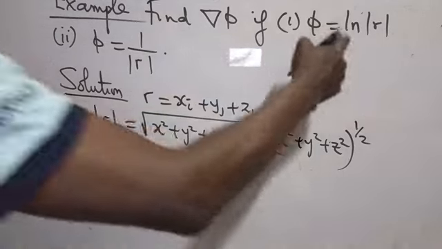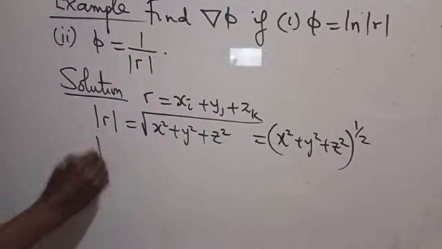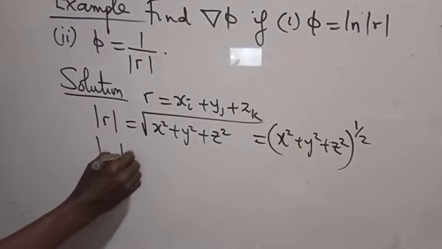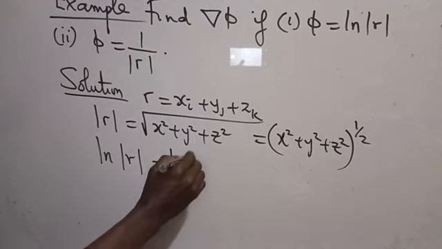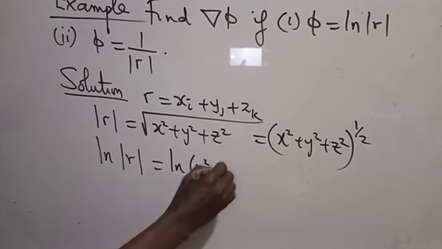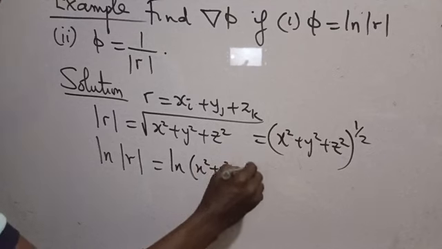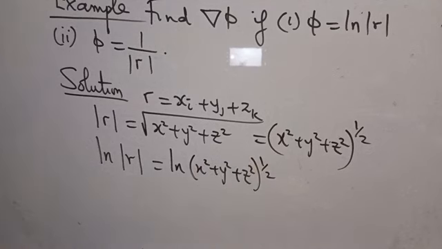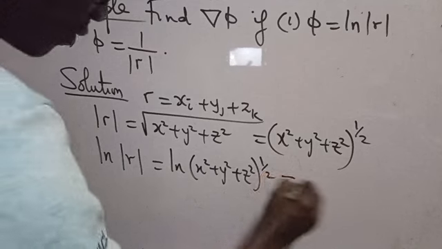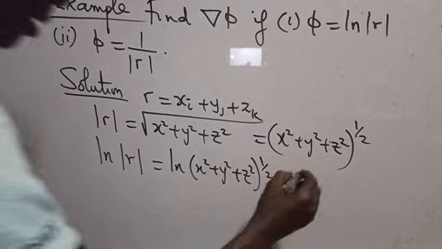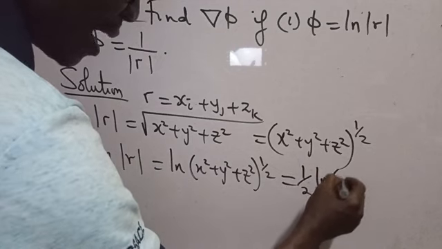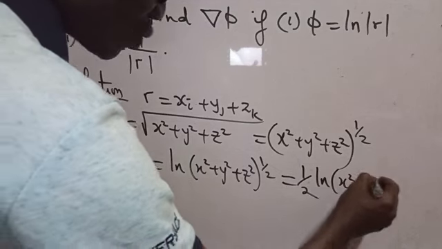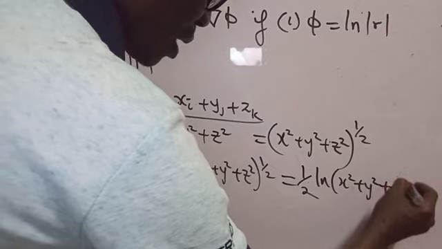So now, ln modulus of r will simply be ln of x squared plus y squared plus z squared raised to half, which could also be written, according to the law of logarithm, as half ln of x squared plus y squared plus z squared.